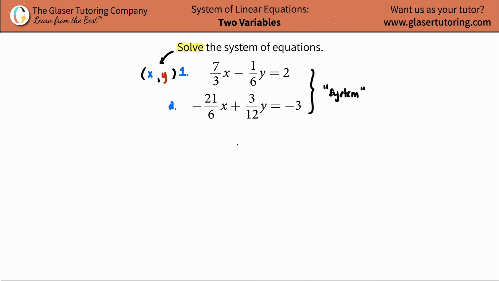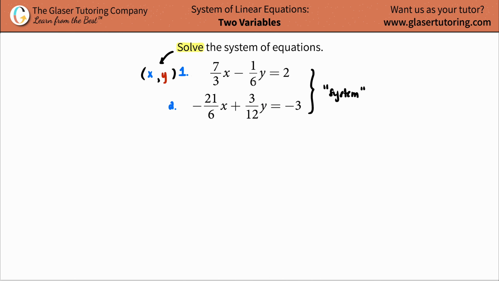In this case, 7 over 3 and 21 over 6 are a little bit bigger numbers, and the bigger the number, the more challenging it can be for me. Here I have 1 over 6 and 3 over 12. I'm going to try to get my y values equal to each other.